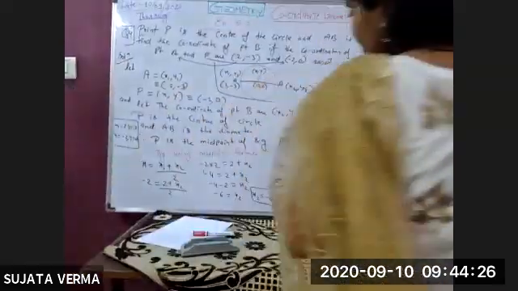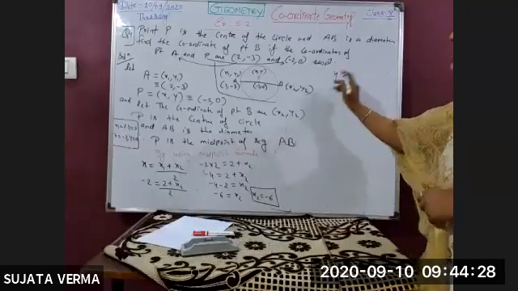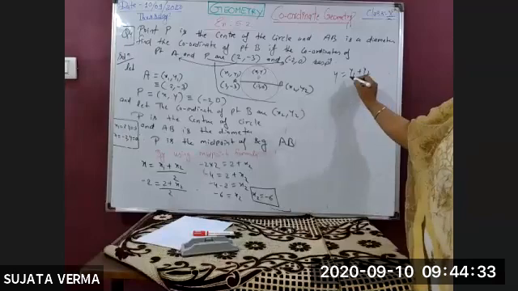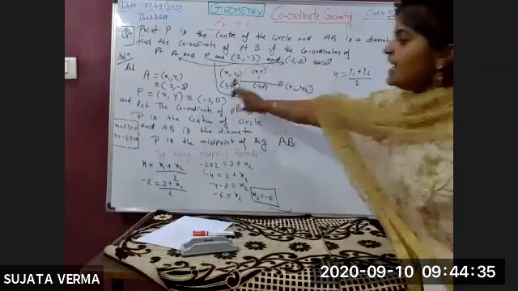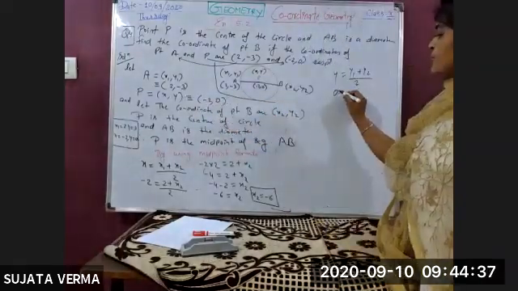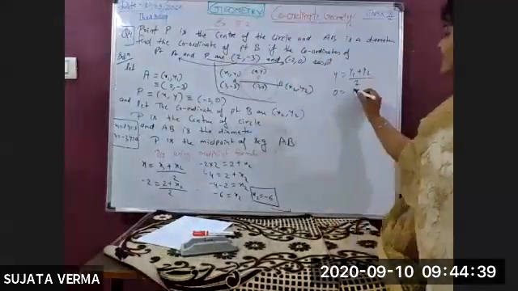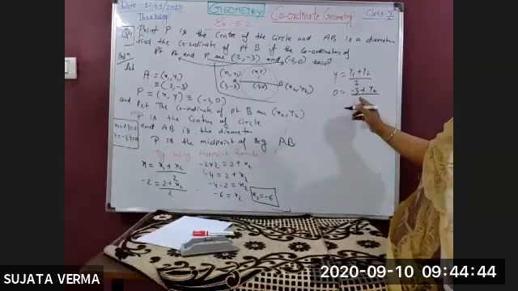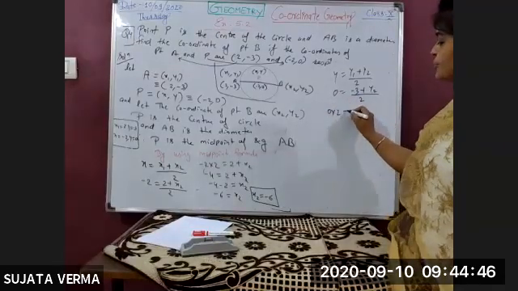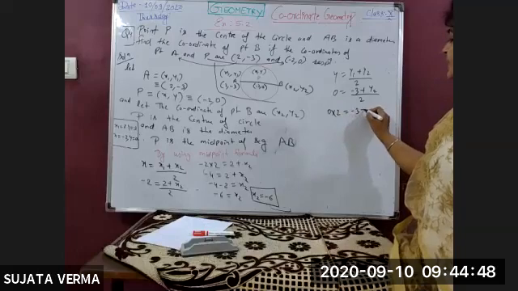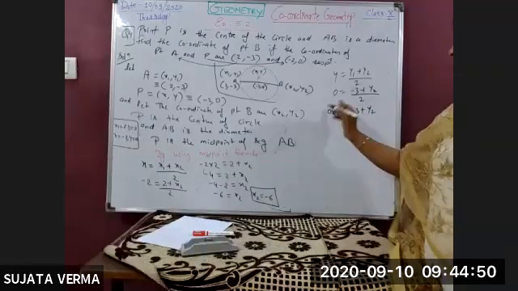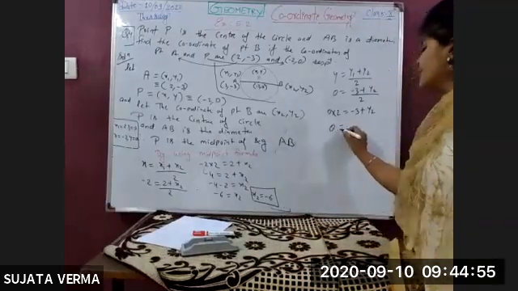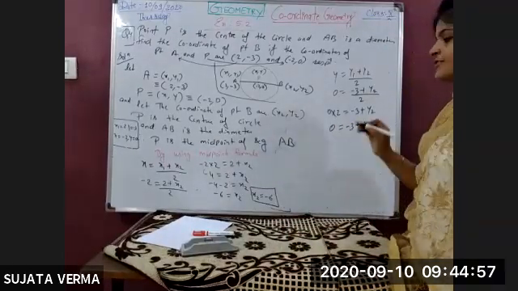Then we find the y coordinate. First write down the formula. Y is equal to y1 plus y2 divided by 2. Y is 0, y1 is -3, plus y2 divided by 2. Then multiply. 0 into 2 is equal to -3 plus y2. Clear? 0 is equal to -3 plus y2.